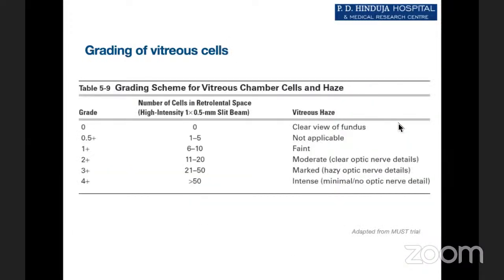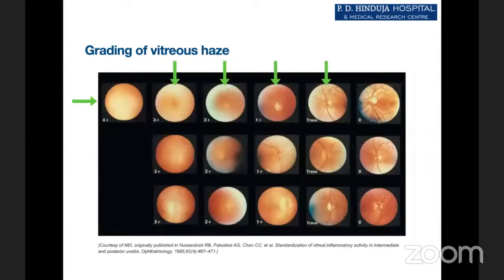Now these can be graded, and there are various ways to grade vitreous cells. One of the ways is calculating the number of vitreous cells in the retrolental space and the associated vitreous haze. This grading of vitreous haze was published in Ophthalmology in 1985, and it depends on the clarity of the optic disc and the associated retinal vessels.